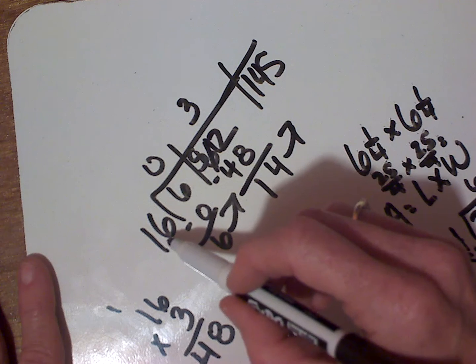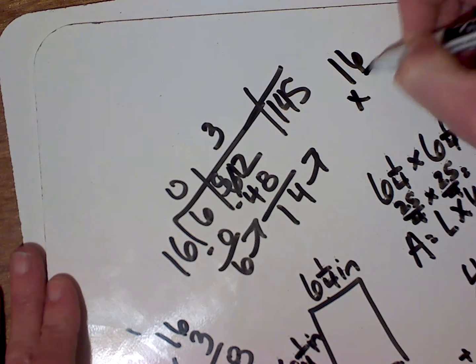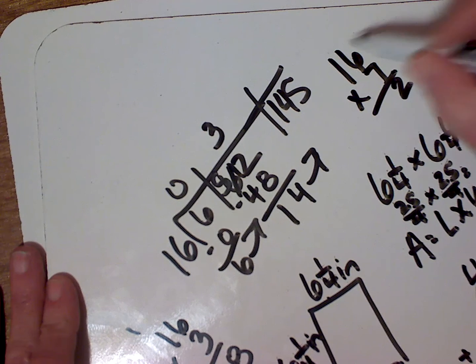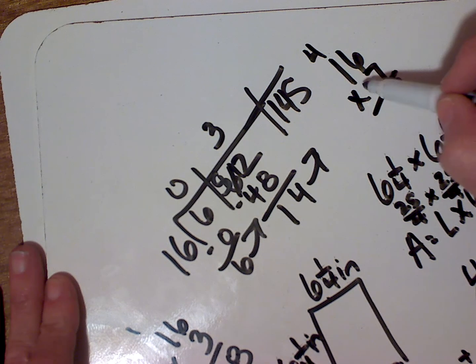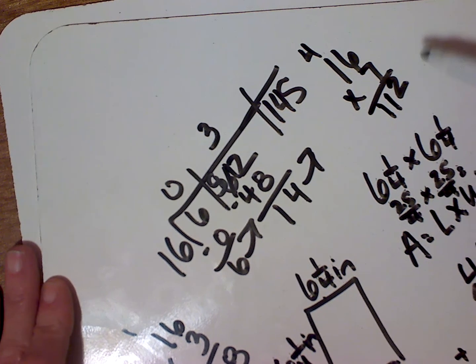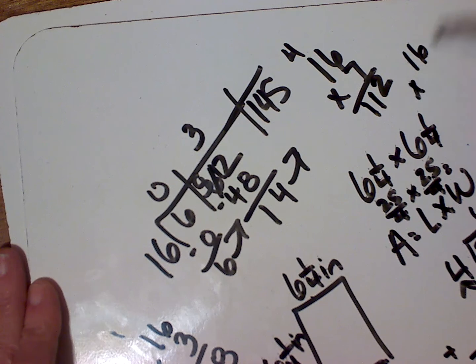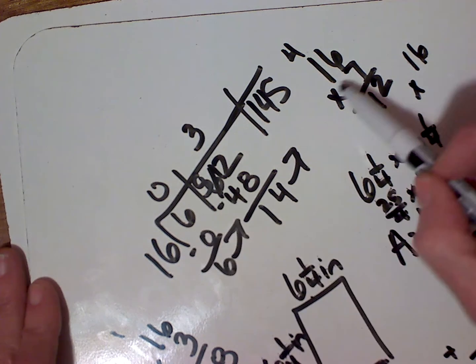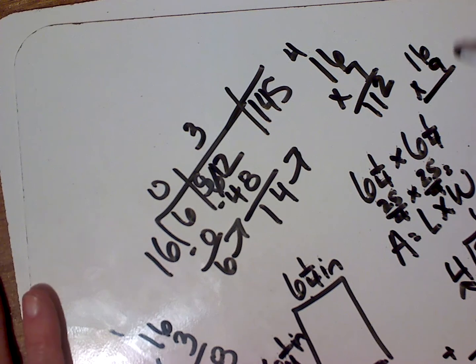So let's start by saying our estimate. 16 times 7, that would give me 42. Carry the 4. 7 times 1 is 7, plus 4 is 11. Whew, I think I can definitely go higher than that. So let's jump up to 16 times 9, because it's just 16 that I'm working with here.